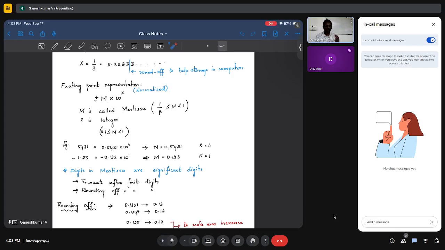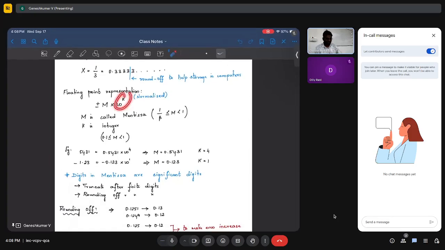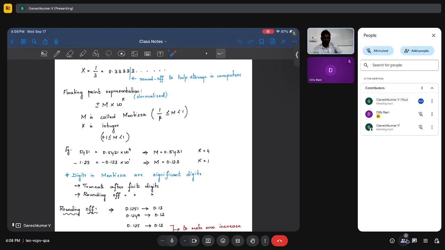So whatever the number, you have to represent it between 0 and 1, and the remaining part you will store as 10 power k.